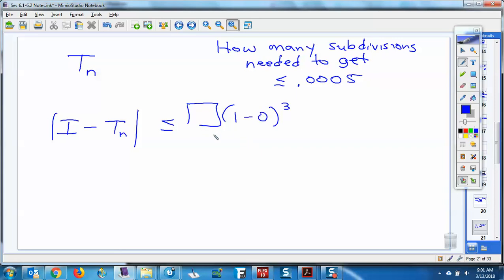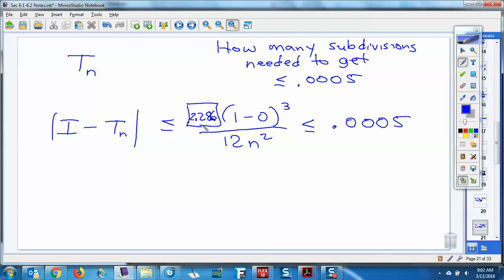It's going to be 1 minus 0, and then it's going to be 12n squared. We don't know n this time. And we want it to be within 0.0005. Okay? Well, what did we just use for K2? 2.286. So now what we do is we just have to solve this equation here for n.